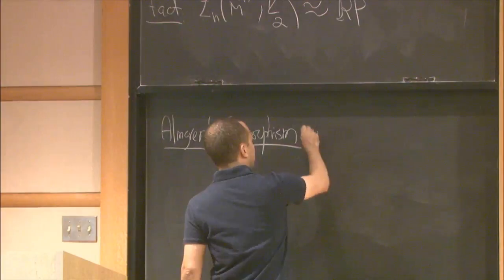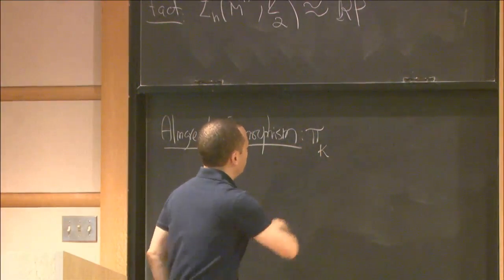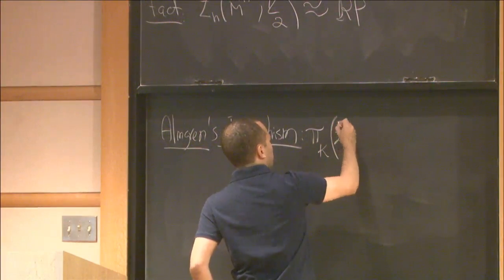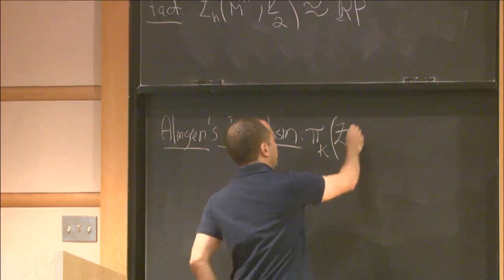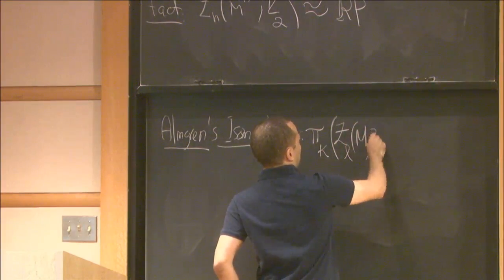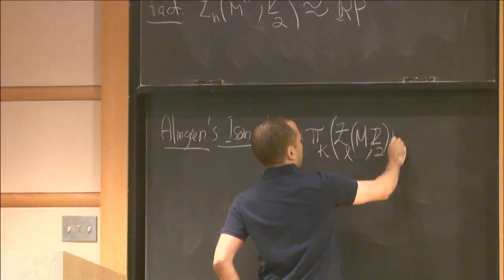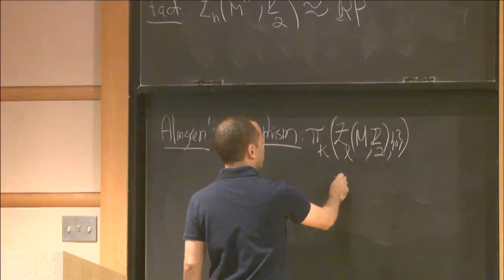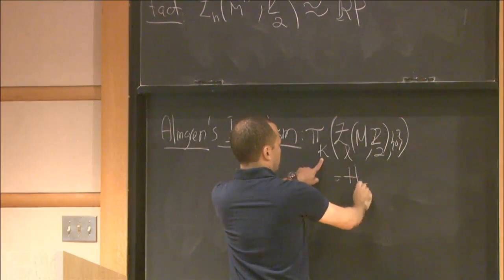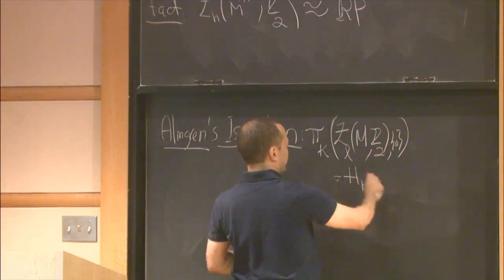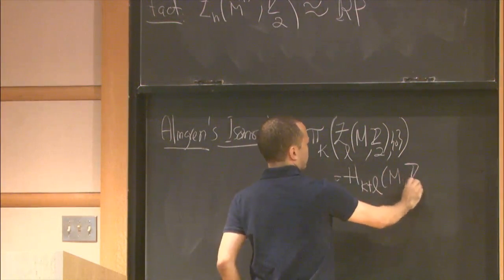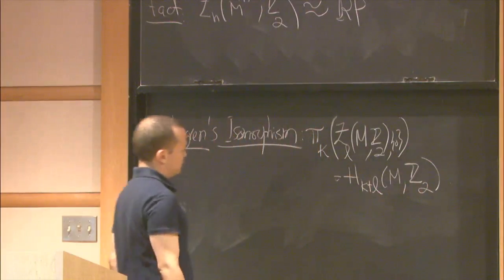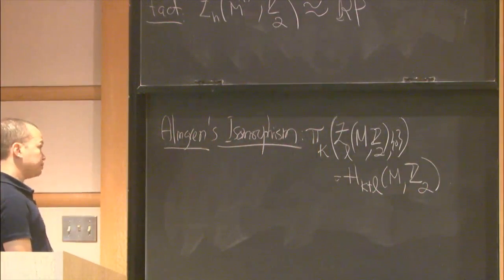So if I take the k-dimensional homotopy group of the space of cycles, l-dimensional cycles here in M, he proved that this is canonically isomorphic to the k plus l dimensional homology of M. Okay, this is his theorem.